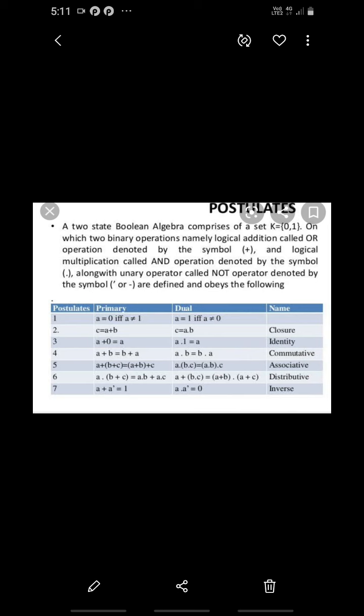A set of elements is a collection of objects having a common property.